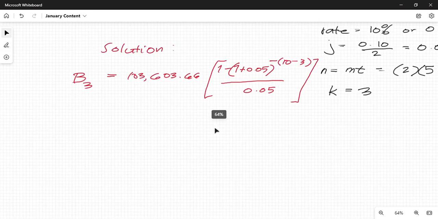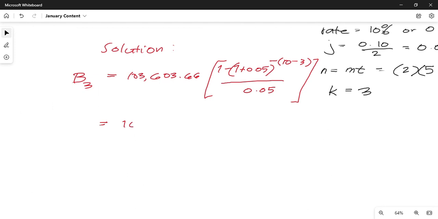Okay, so let's just zoom in. This is 103,603.66 times 1 minus 1.05 to the power of negative 7, over 0.05.